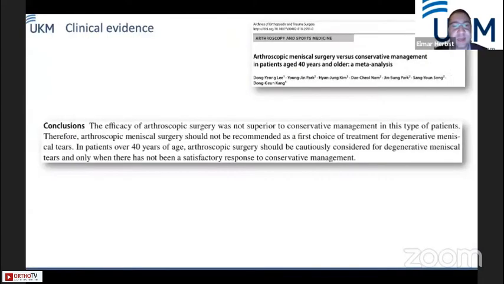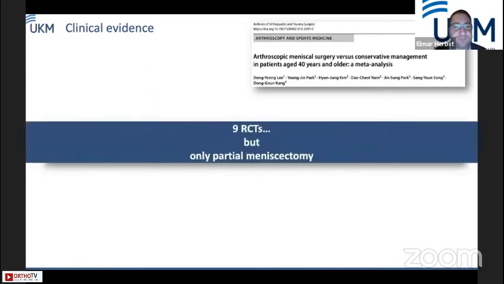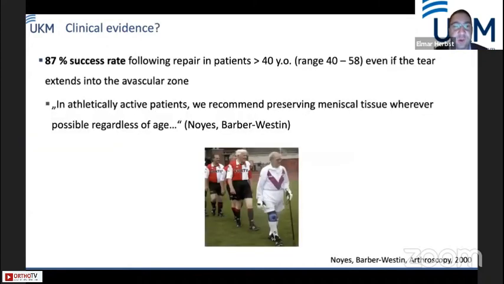That's what everyone is saying. But let's see what happens if we actually repair in people with moderate osteoarthritis in their 40s, 50s, and 60s. There's a systematic review that looked at partial meniscectomy, and of course, there was no significant difference.